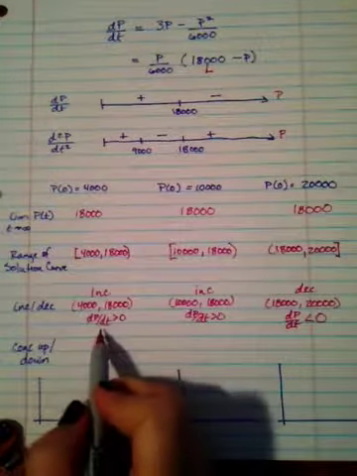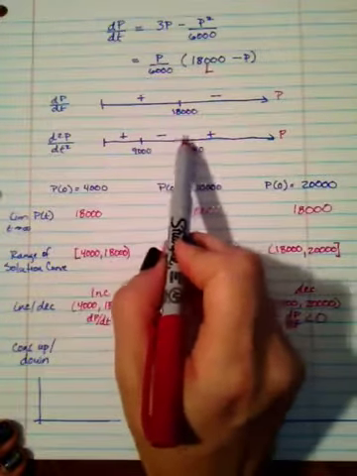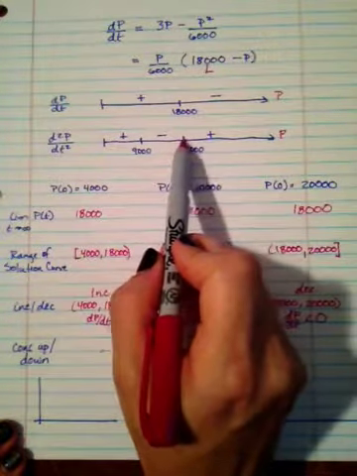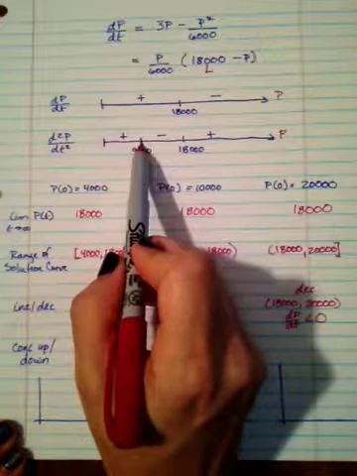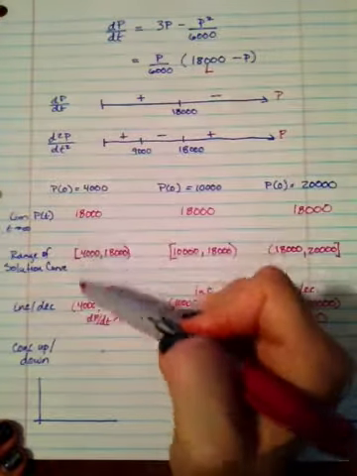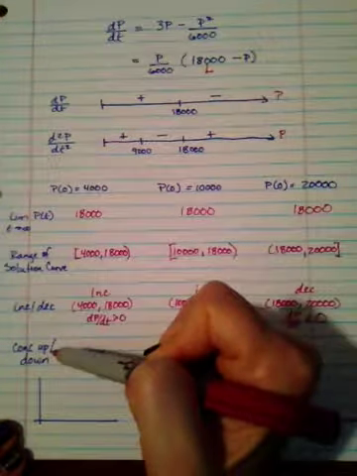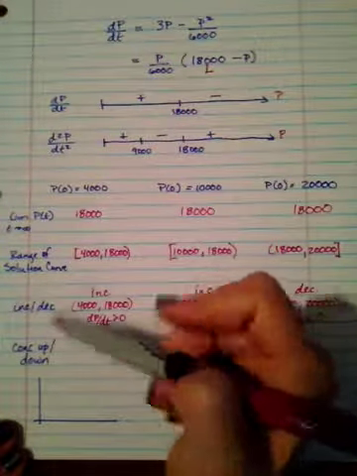Now for concave up, concave down, you can see that concavity changes right here, but you're not going to have a solution curve go through this at any point. So 9,000 is our point of inflection. So if you start below 9,000, like our first scenario, it's going to start concave up and then change to concave down at 9,000.